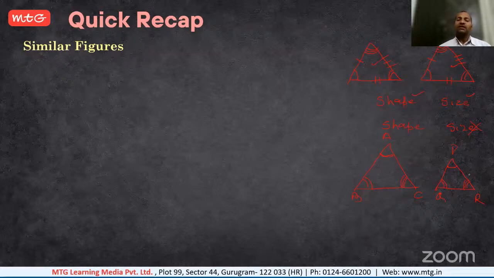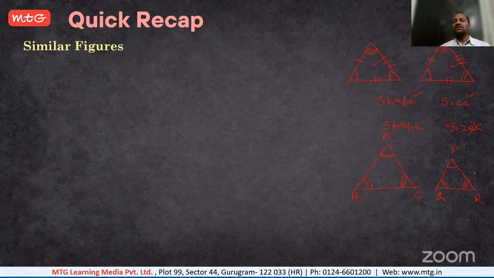And the ratio of their sides: in congruency sides will be equal, but in similarity the ratio of sides will be equal. Suppose side AB is 6 centimeters and side PQ is 3 centimeters, the ratio is 2:1.